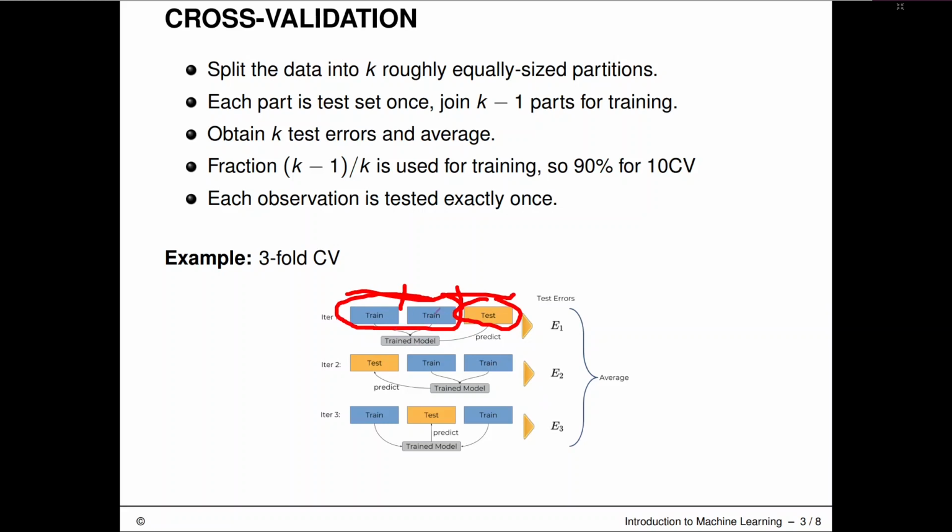I train my model on these 2, I predict on this one, and I estimate with my performance metric rho, and that gives rise to my first test error, or my first generalization performance number. Then I do the same in the second iteration, where maybe this one becomes the test set. And in the third iteration, this one becomes the test set, and I get a third performance value, and at the end, I average those. So I obtain k test errors, and I compute their mean value.